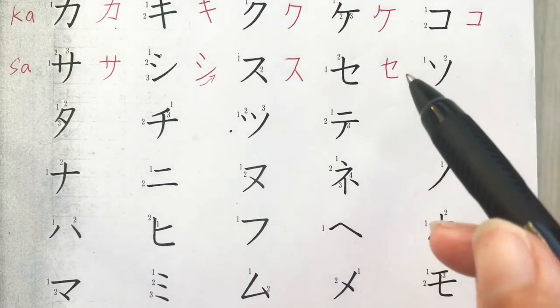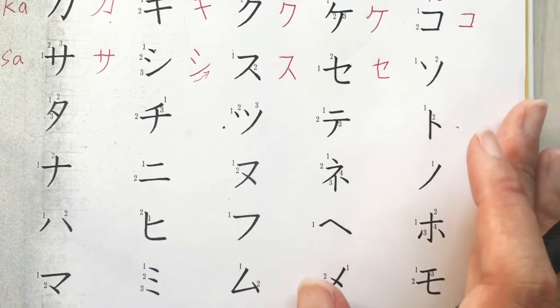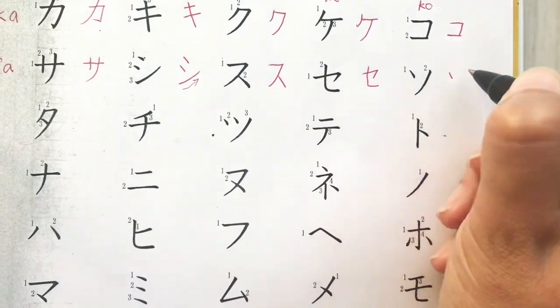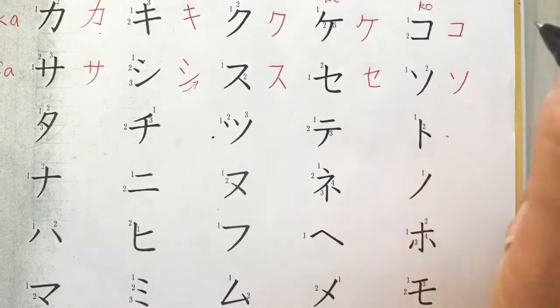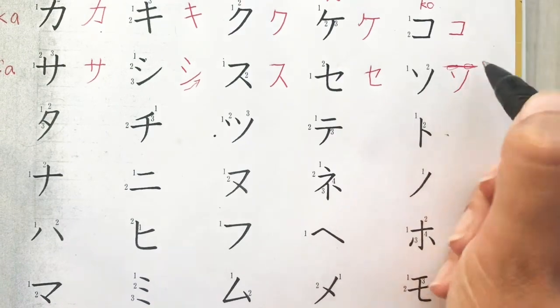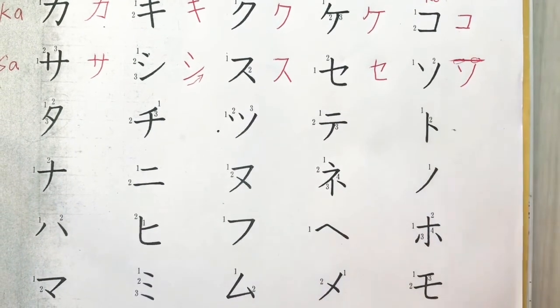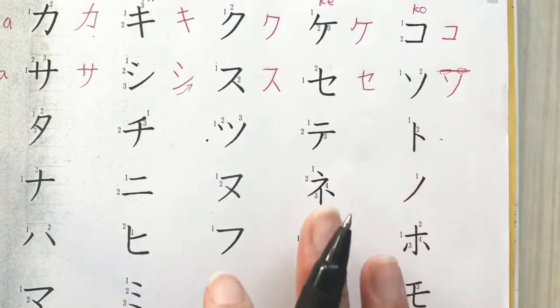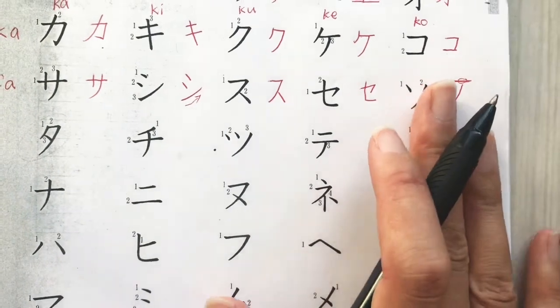Se, se. Last one, so, 2 steps only. 1, 2. They are on the same line, which is vertical. Okay.